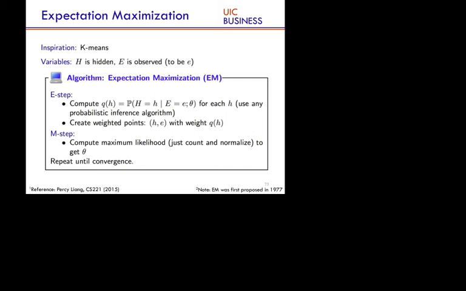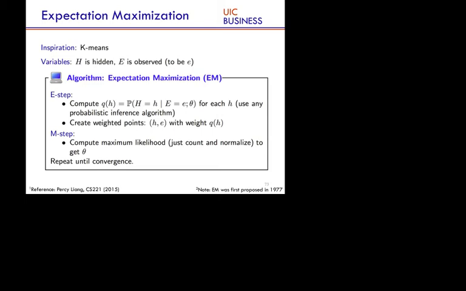Now, what's the issue with this E step? I need to know theta to actually compute Q of H, right? But what I'm going to do is start with some random theta. I'm going to assume that theta is the correct theta and compute Q of H. Then I'm going to go to the next step, which is to compute the maximum likelihood, actually not the maximum marginal likelihood.